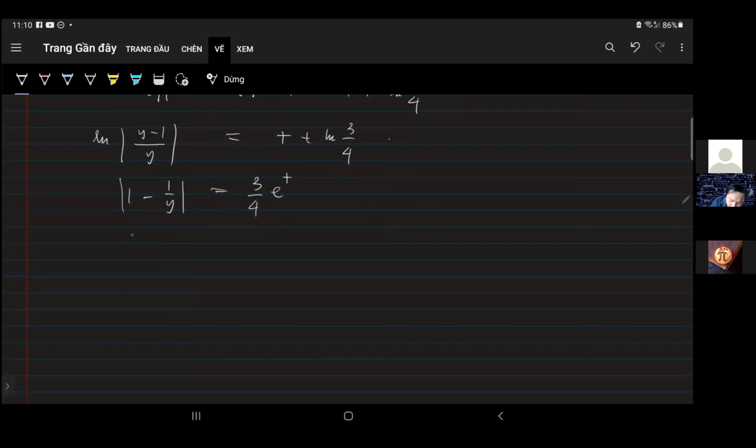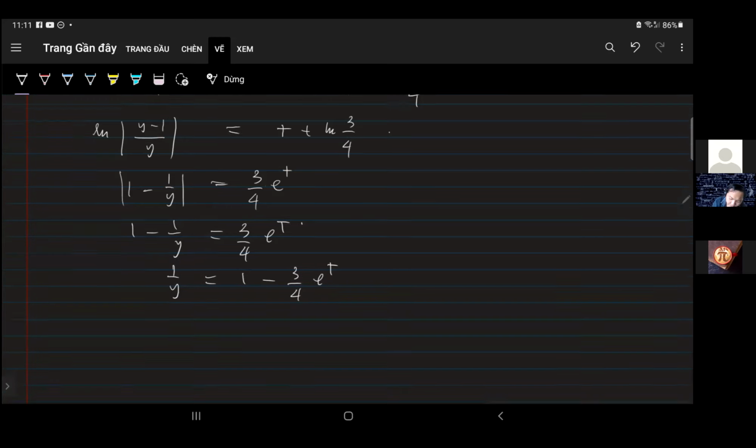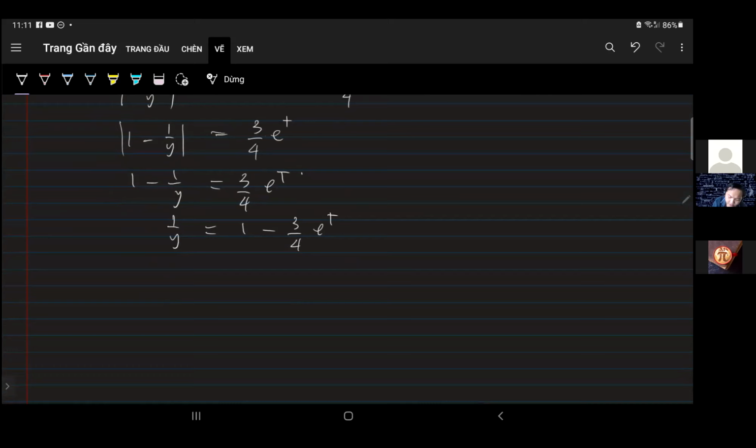So y minus 1 equal to 3 over 4 e to the t. So you have 1 over y equal to 1 minus that, e to the t, and you have y is just 1 over 1 minus 3 over 4 e to the t.